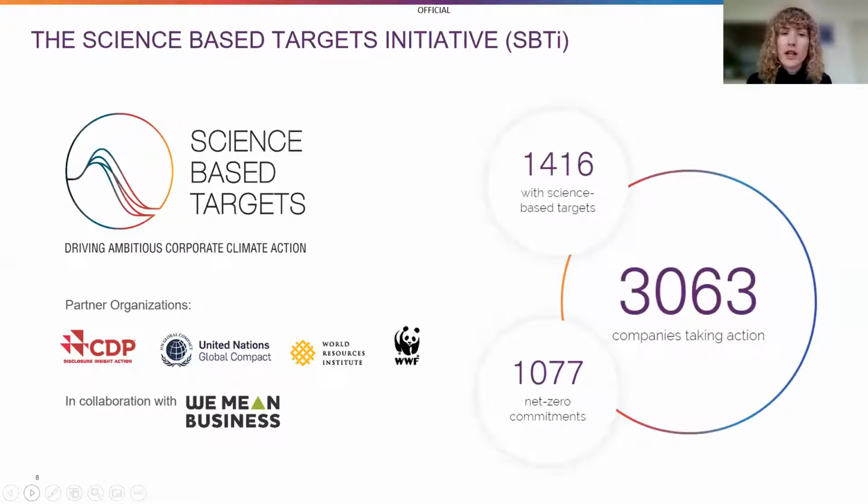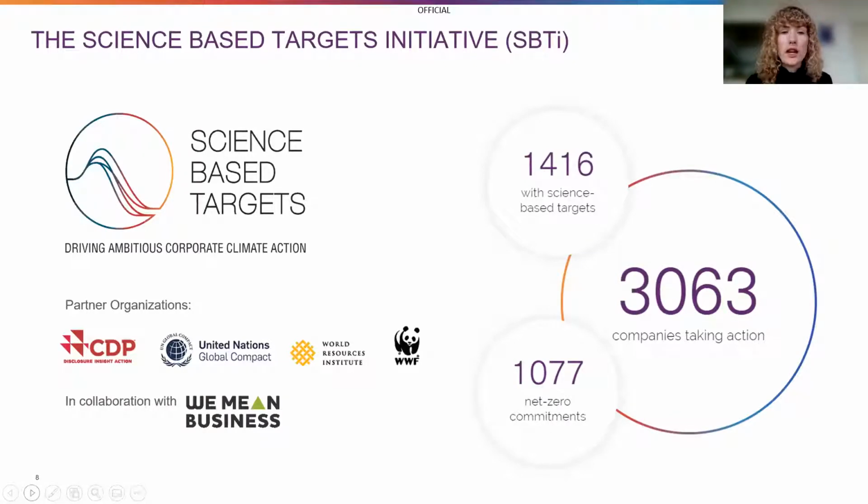And the initiative was set up in 2015, just before the Paris Agreement. And the objective was to create a framework that would enable companies to set emissions reductions targets that are in line with the goals of the Paris Agreement. So in line with what climate science tells us is necessary for that company's fair share of reducing emissions.